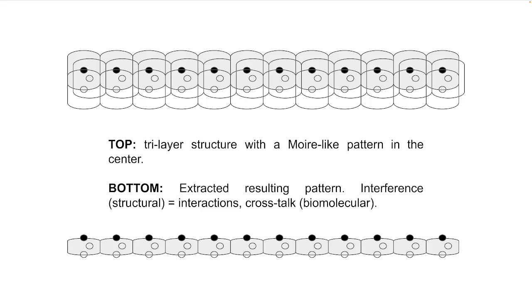And then we just take that overlapping section out, and we can see that on the top we have this tri-layered structure with the Moire-like pattern in the center, and then on the bottom we've extracted that pattern out, and that's the pattern that we get. That's the additive component that we get from these 3 sheets. And so we get the structural interference, and we get biomolecular interactions and crosstalk. And we'll get to crosstalk later as well. It's a very interesting phenomenon.